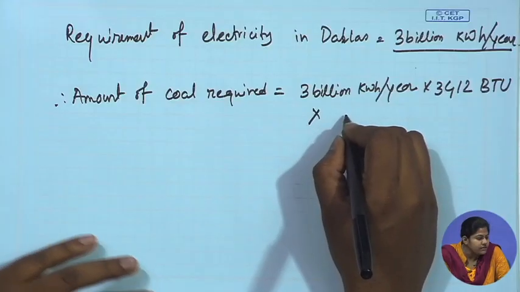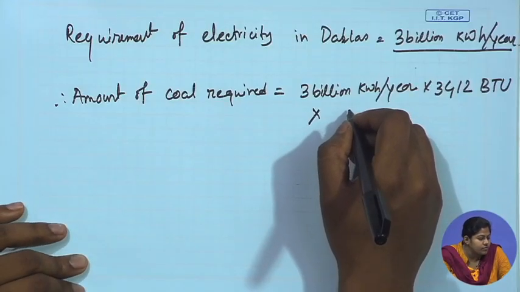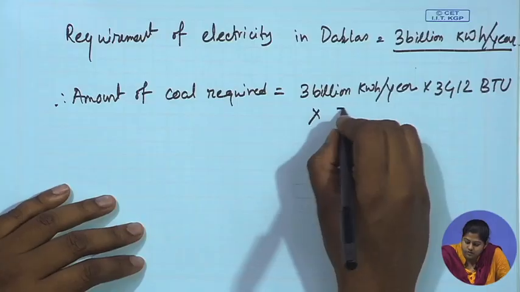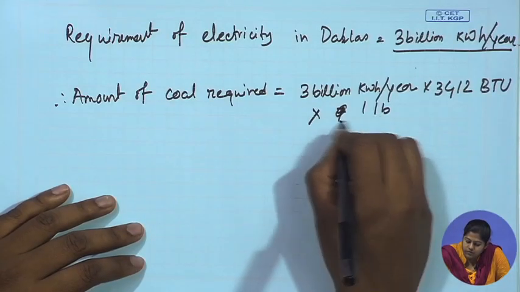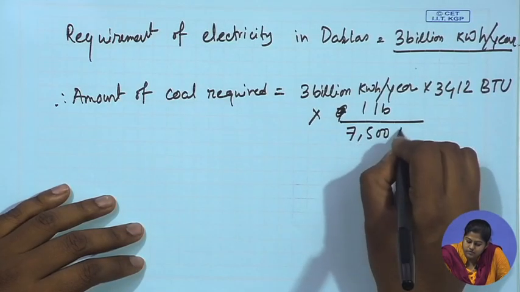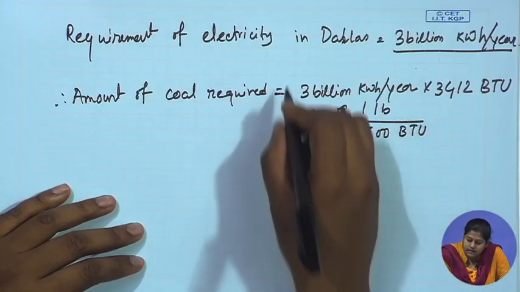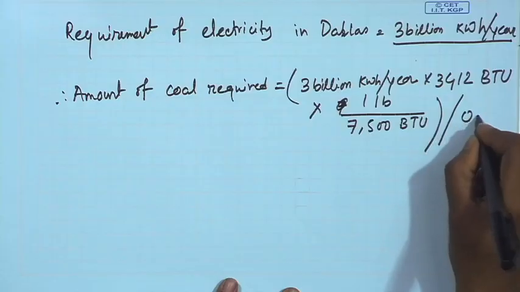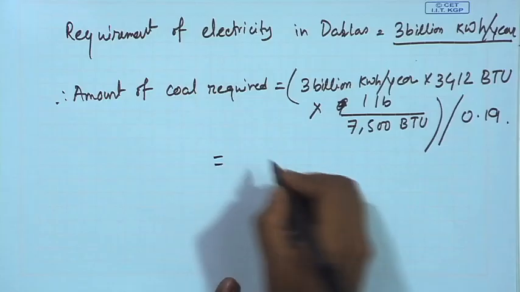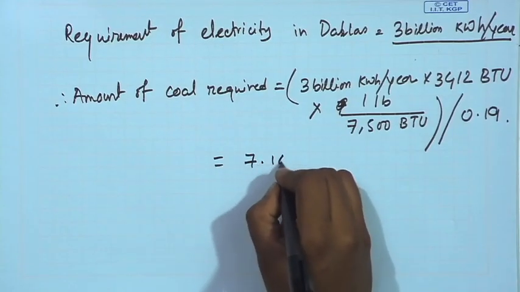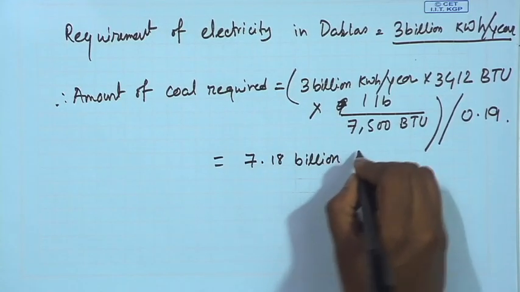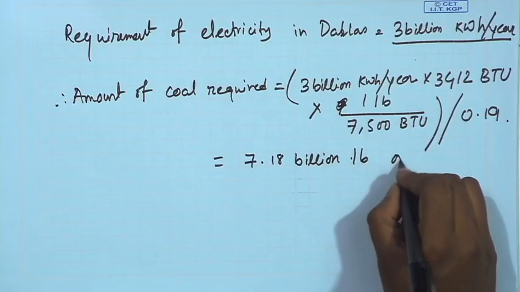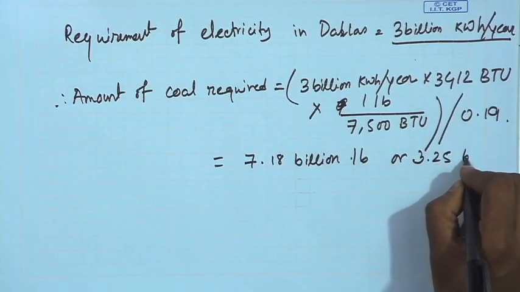Multiplied by, it has also been said that the heat content of the coal is 7500 BTU per pound, so 1 pound by 7500 BTU, and the average conversion efficiency is 19%. We have to incorporate this too, so we divide the whole by 0.19. If you calculate this, it will come to 7.18 billion pounds or 3.25 million tons.